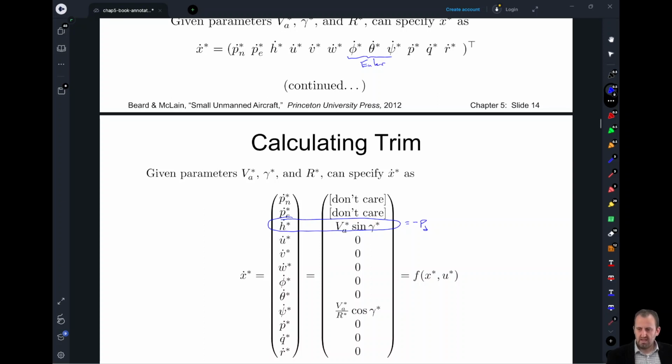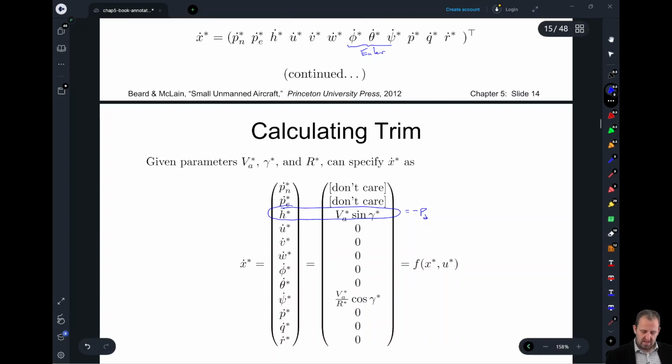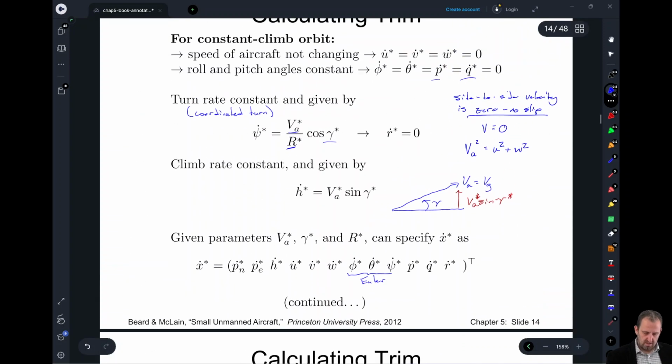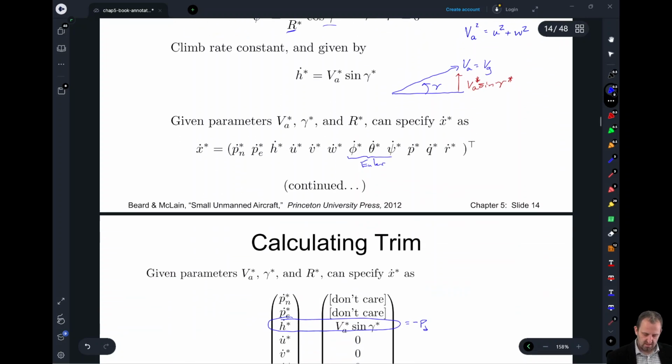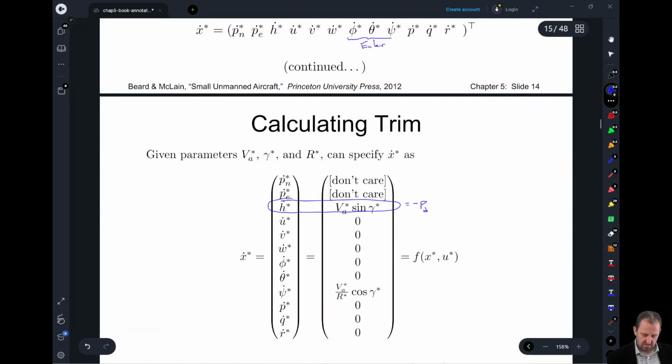Okay, and then we have all these 7 values come in here. So we have U dot, V dot, and W dot, as well as P dot and theta dot. Those are all going to be equal to 0. We also have that P dot and Q dot are equal to 0.